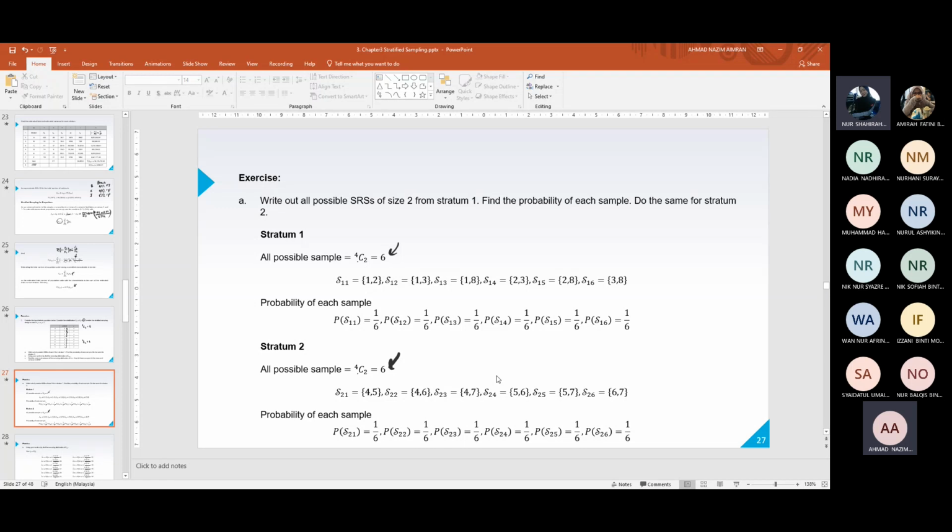You have S11, S12, S13, S14, S15, S16. Now I would like to explain what S11 is. This one here is representing the stratum number 1, and the second one here represents the possible sample number 1.